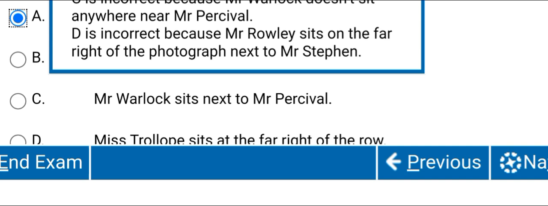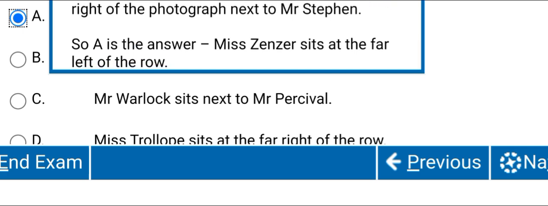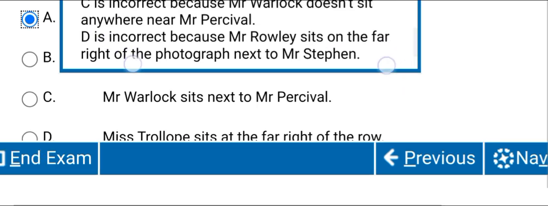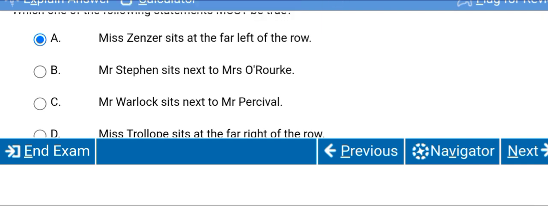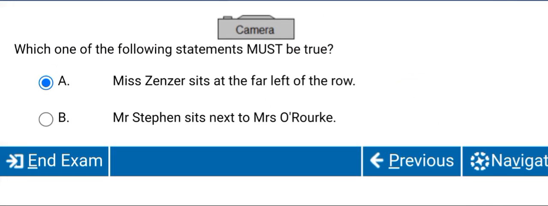Option D is incorrect because Mr. Rowley sits on the far right of the photograph next to Mr. Stephen. So A is the answer, that Miss Zenzer sits at the far left of the row. This statement must be true.